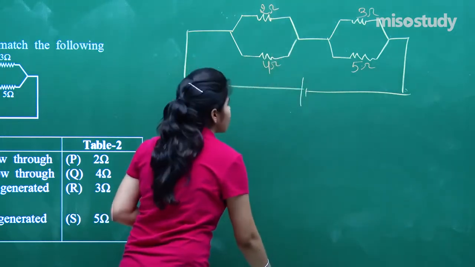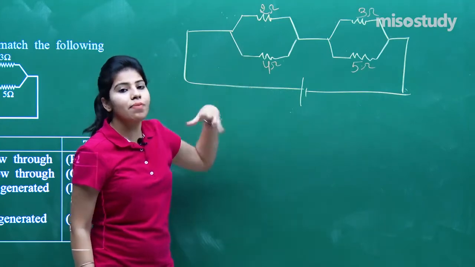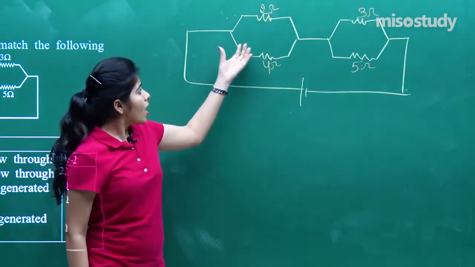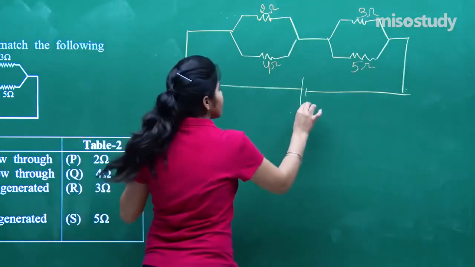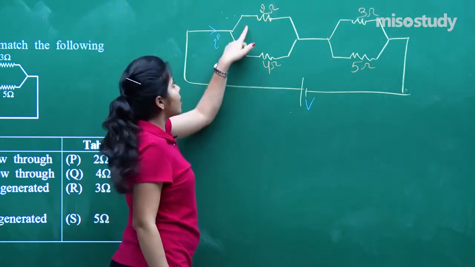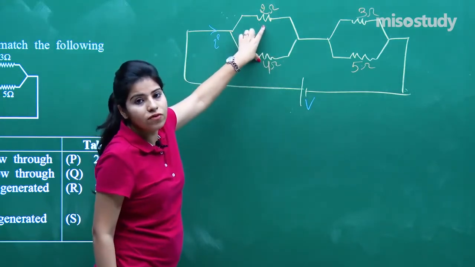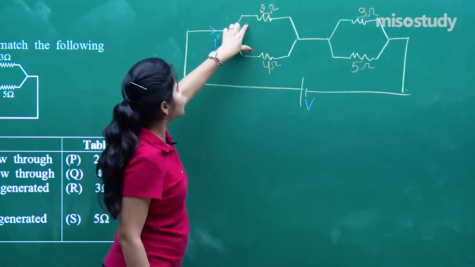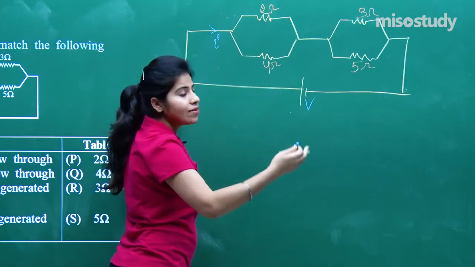Now in the circuit what you can see over here is that these two resistors are connected in parallel. And also we know that current is going to be divided. Suppose this is V, so say that current I is flowing through this. So current in this circuit is going to be divided in the inverse ratio of their resistances. Let me say that the current in this arm is I1.